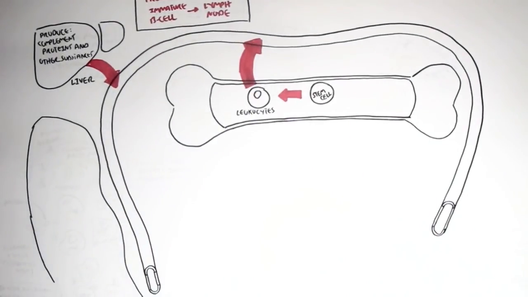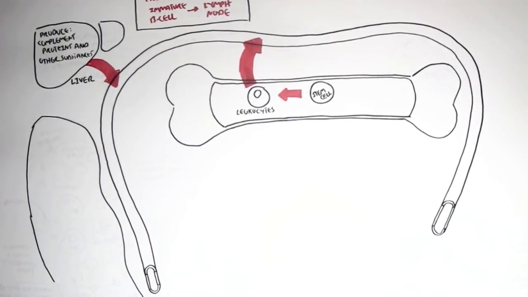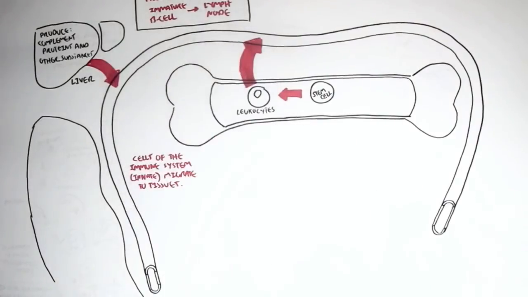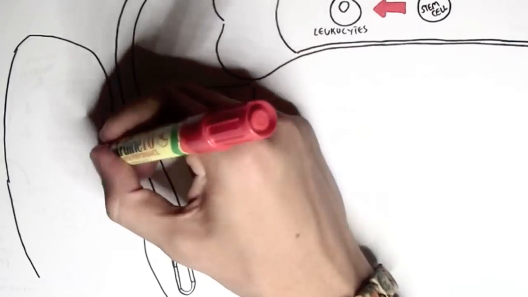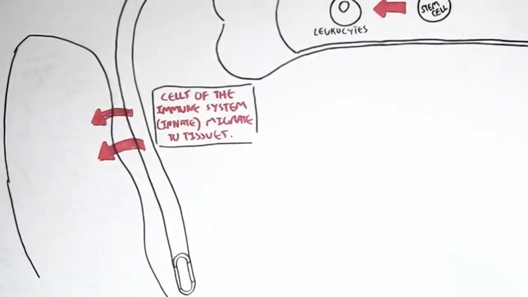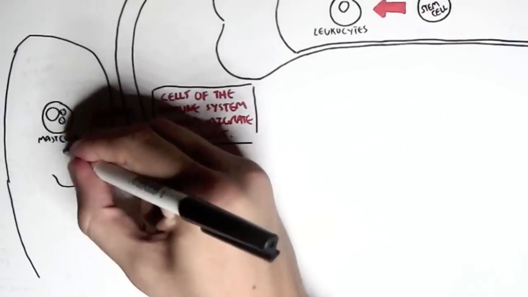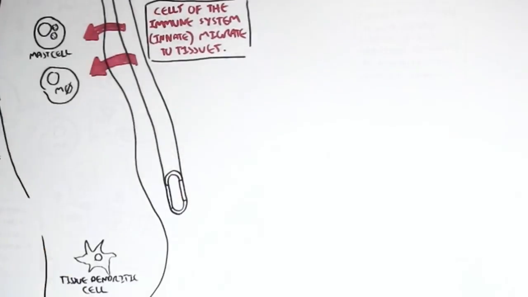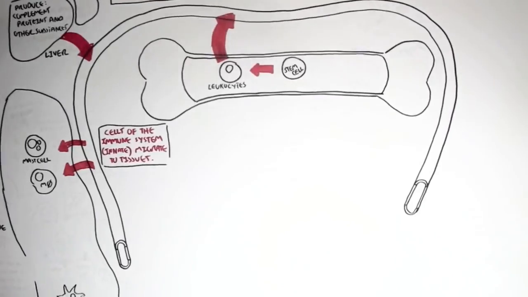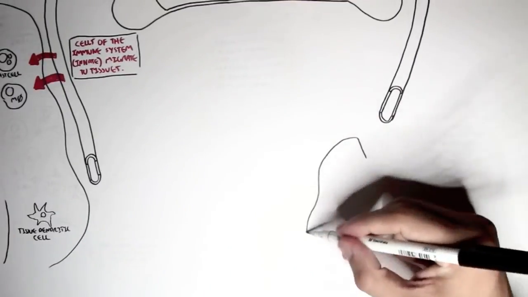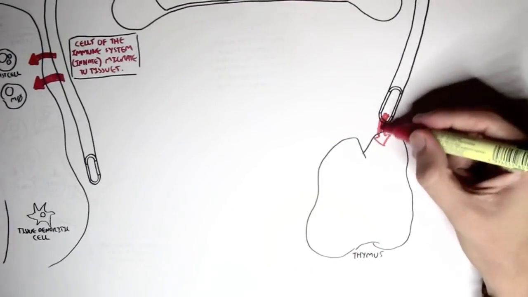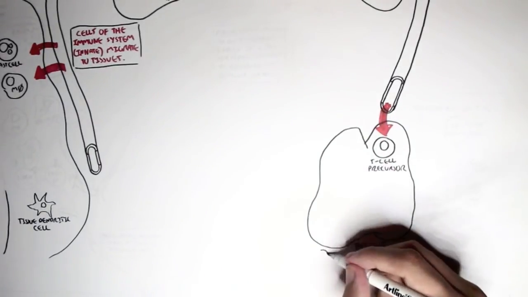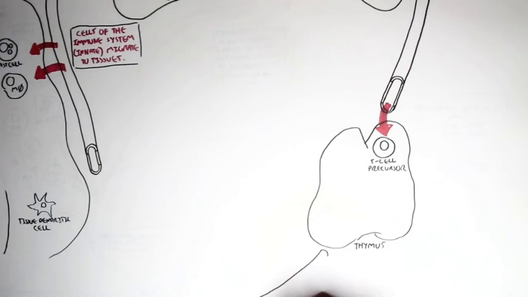And then we saw how some types of leukocytes, such as mast cells and macrophages and dendritic cells, move into tissues, such as tissues underneath our skin. And they make up the innate immune cells because they're the first line of defense, you can say. And then we stopped where the lymphoid precursor, or we can even now say the T cell precursor, migrates into the thymus here. And this is where we stopped.